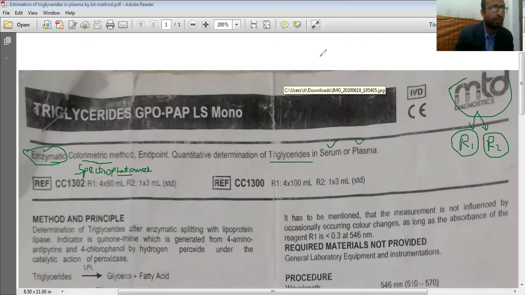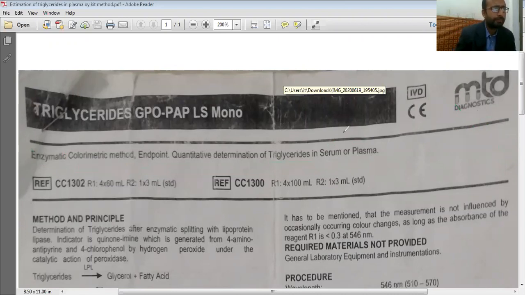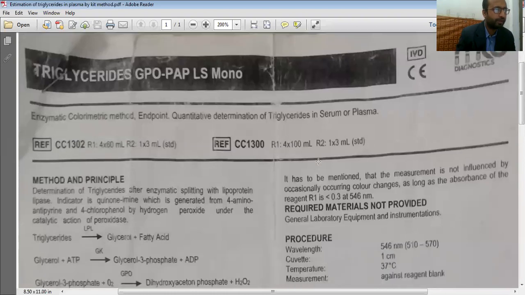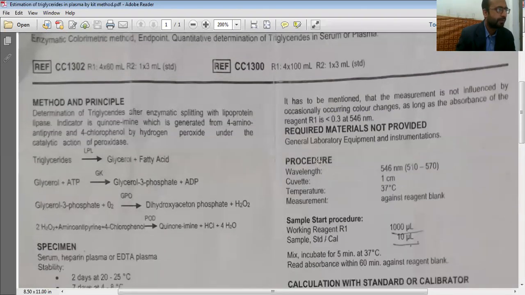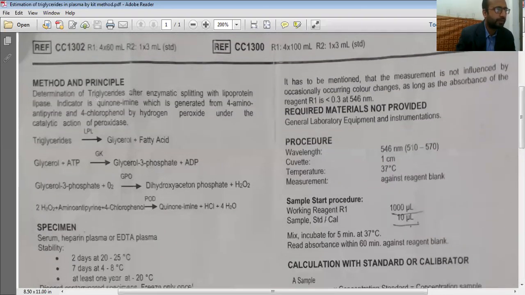Now we move towards the principle of this experiment. First of all, the principle would describe how the biochemical reactions proceed in the test tube in the presence of the reagents or enzymes.